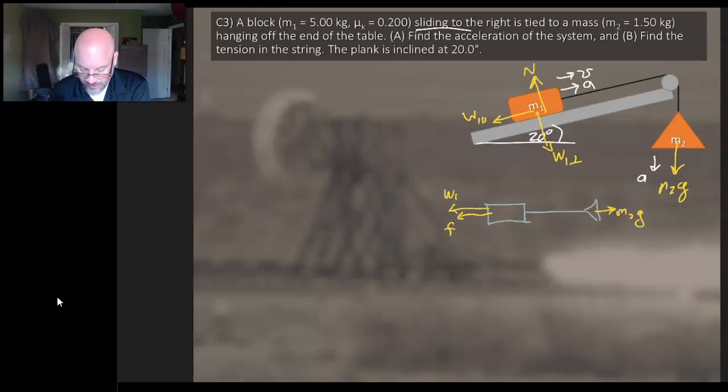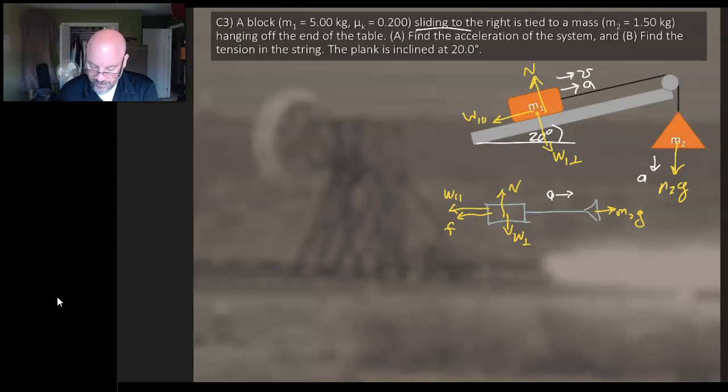We have the parallel component of the first mass. We have the perpendicular component of weight of the first mass. And we've got the normal force. So now the tension doesn't really matter. And again, we're going to say acceleration's this way. Okay, so here we go.